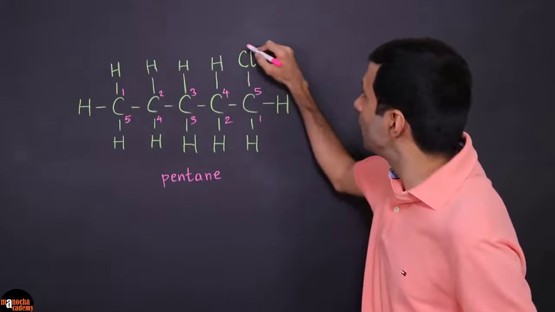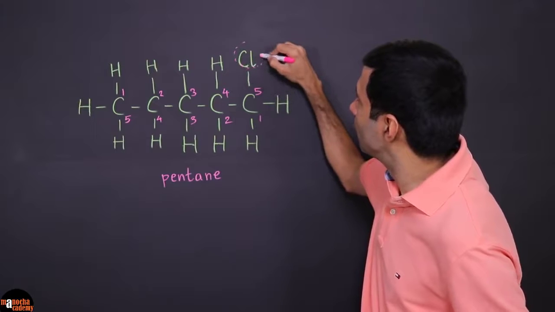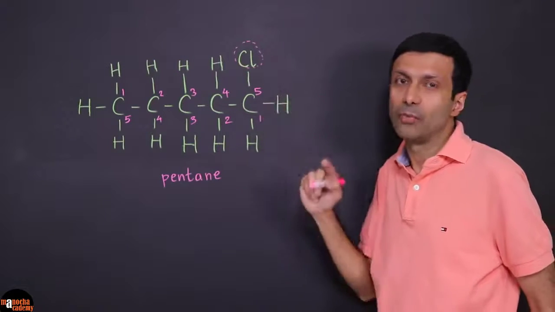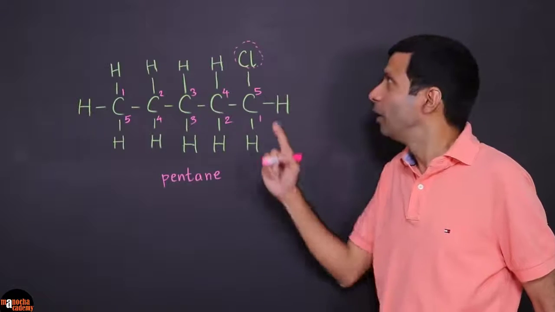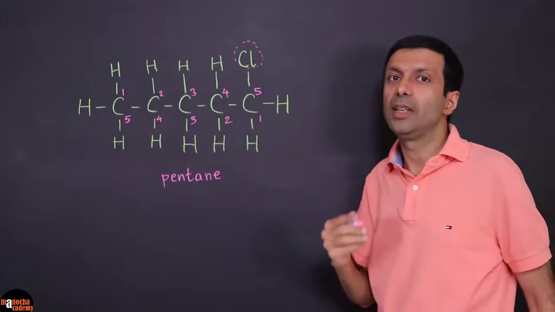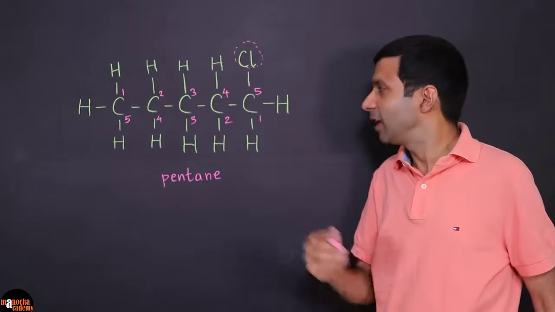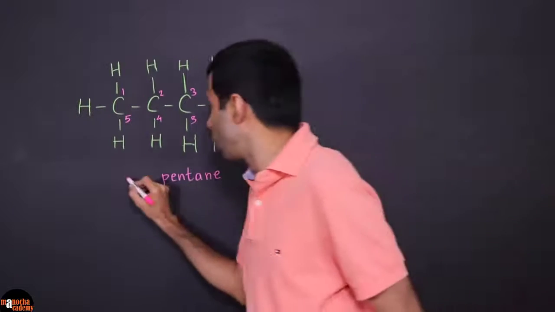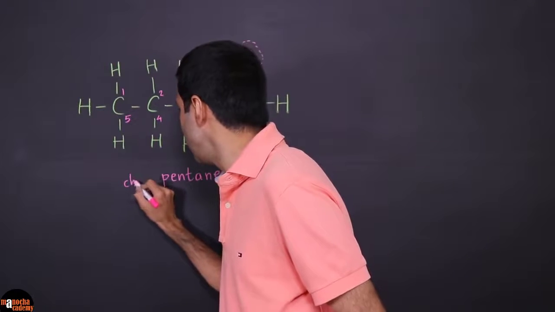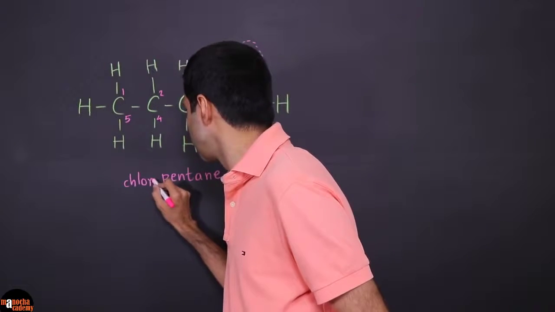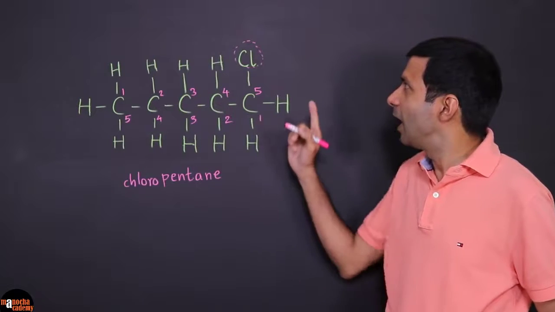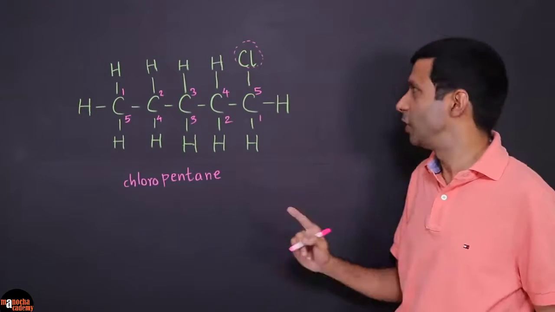Now this chlorine is a halogen, and so that's our functional group here. And remember, for halogens and for the alkyls that we had done, the name goes in the prefix. So it's going to be a chloropentane, not chlorine pentane, it's chloropentane. That's the way the IUPAC name is done. And we also need to give the position.